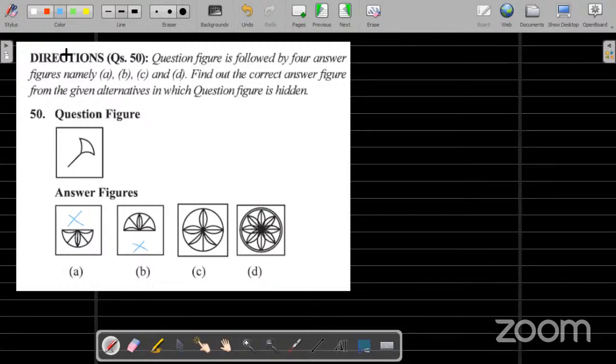If you look at option C, that contains that, right? This thing is the question figure. So the question figure is included in option C. So the answer is option C.